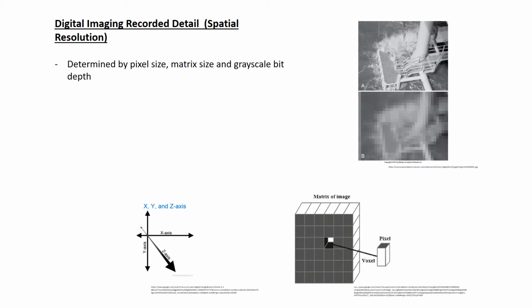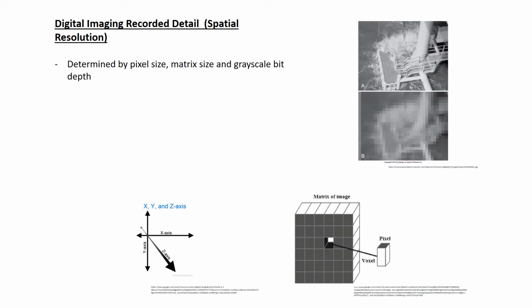In digital imaging, we refer to recorded detail more so with the term spatial resolution. And spatial resolution is determined by the pixel size, the matrix size, and what we call the gray scale bit depth. So down at the bottom of the image, you can see that we've got a drawing over on the right, which indicates pixels, which are the very front of what we call voxels.